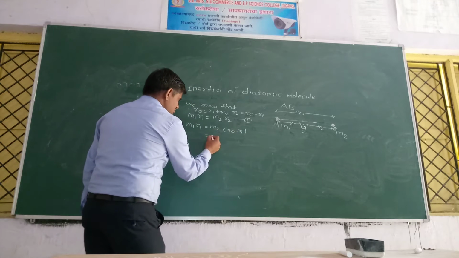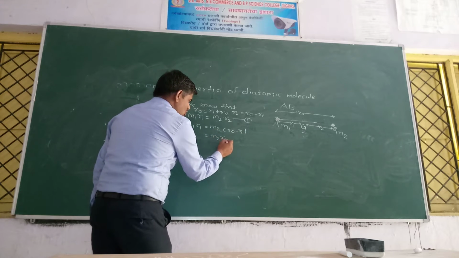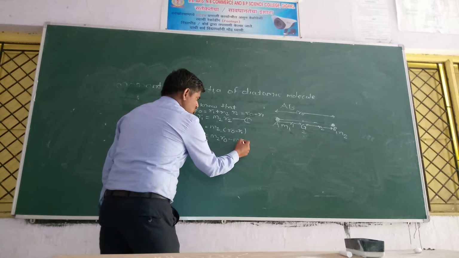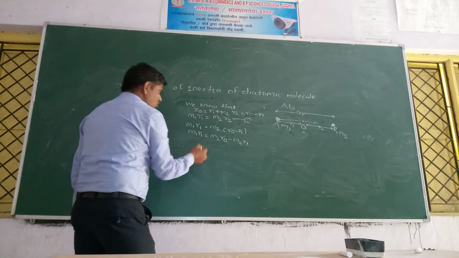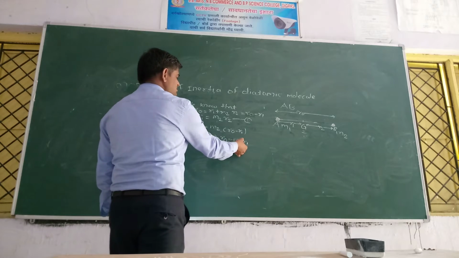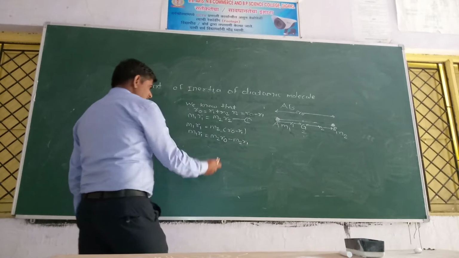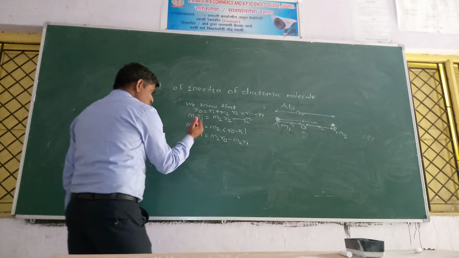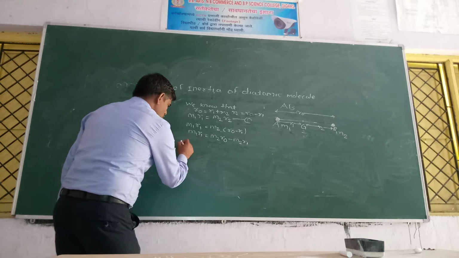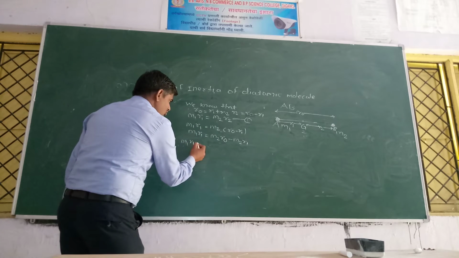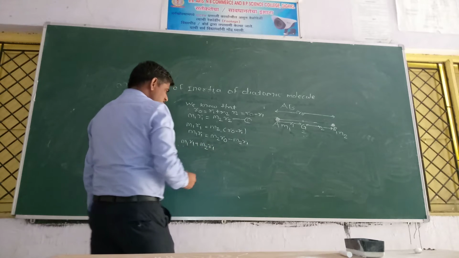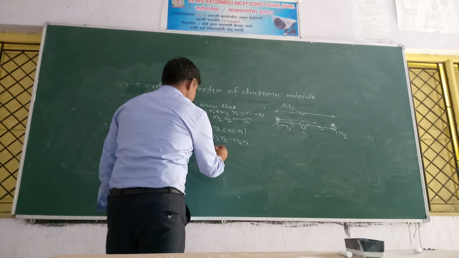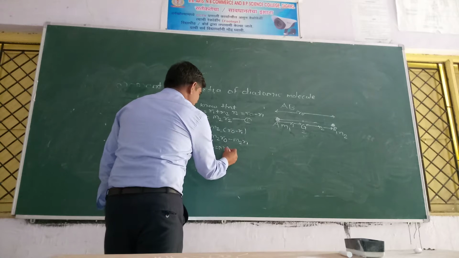Solve this bracket: M2 R0 minus M2 R1. M1 R1 is equal to M2 R0 minus M2 R1. This minus term goes to this side. Then we get M1 R1 plus M2 R1 is equal to M2 R0.